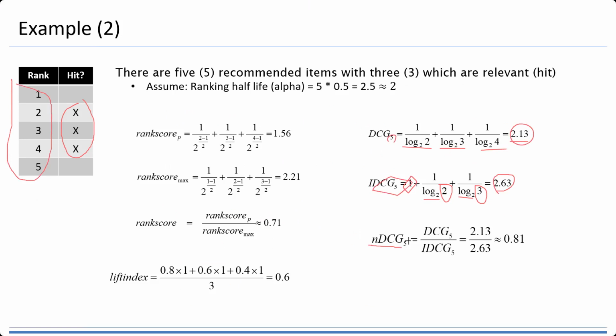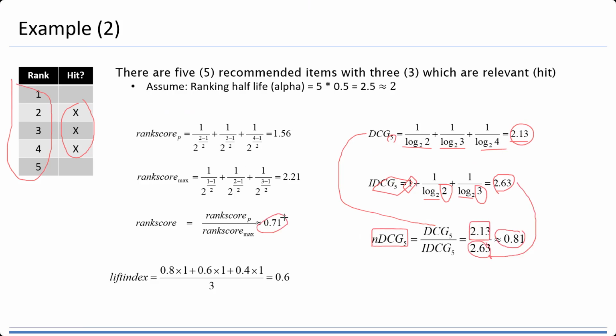The normalized discounted cumulative gain, NDCG, is the discounted cumulative gain, 2.13, divided by the idealized one. So we get the value 0.81. This is similar to the value in the rank score.